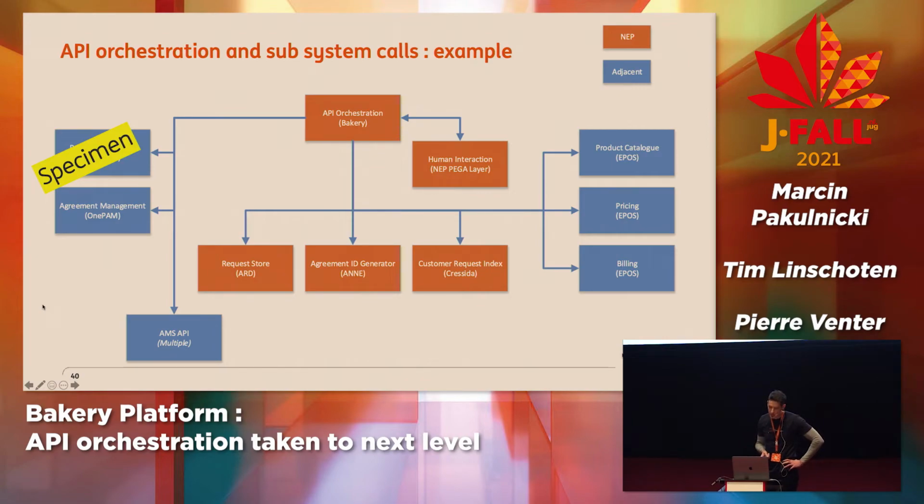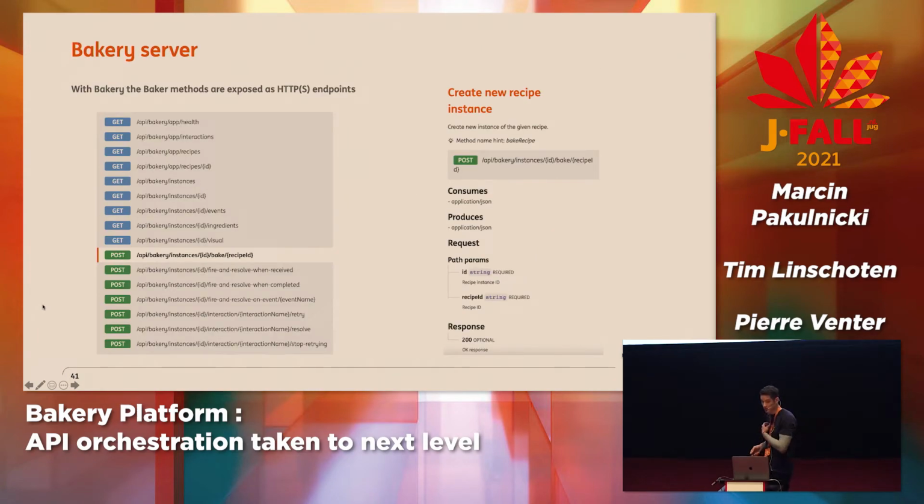Additionally, each instance of Bakery is independently configured with its own recipes, interactions. So that's not in my code anymore, it's now been configured in the cluster. That's the main difference that I, as a team, see by using Bakery.